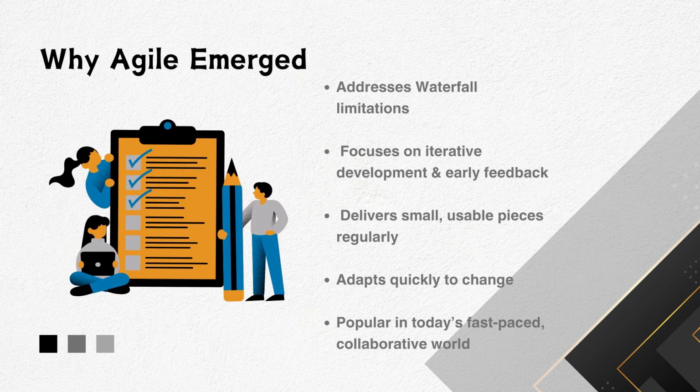Why Agile came into the picture? Because of these limitations, Agile was developed as a new way of working. Agile focuses on iterative development, breaking work into smaller chunks, getting feedback early and often, and being able to adapt quickly to change. In Agile, instead of waiting months for a final product, teams deliver small, usable pieces regularly, getting feedback and improving continuously.